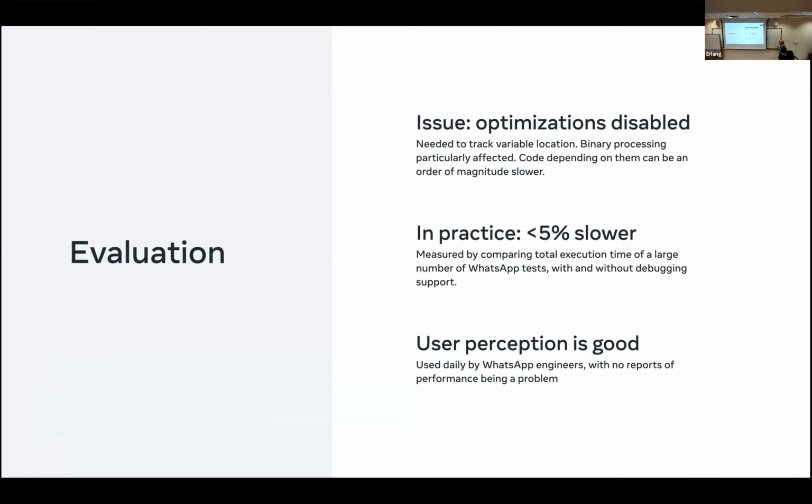But if you look at more realistic code, what we did as an experiment is take a very large number of real tests used at WhatsApp, about 2.5 days worth of execution one after the other, and run them with and without debugging compilation and see how long it takes to run these 2.5 days of tests. And the difference in practice was quite good. What this means is that the overheads are in practice in message passing, input output, etc. It's not really an issue, and we've been using this debugger since the beginning of the year, and people are happy. So I assume that it's not really a big problem.